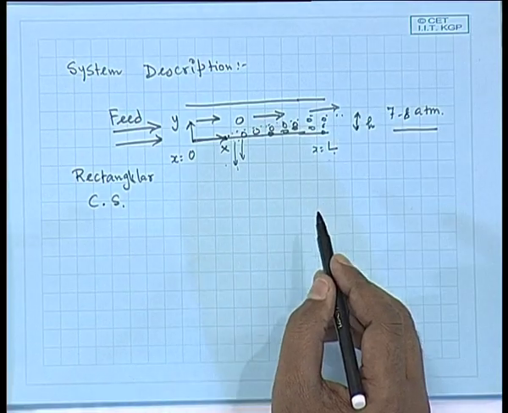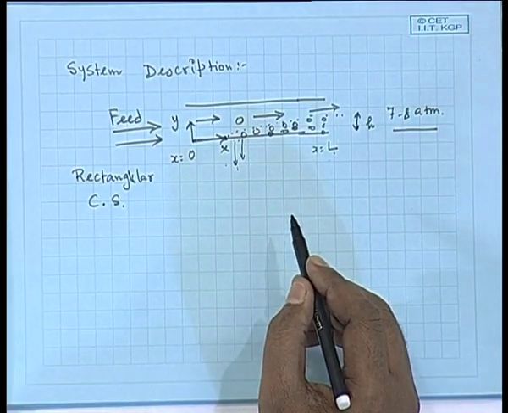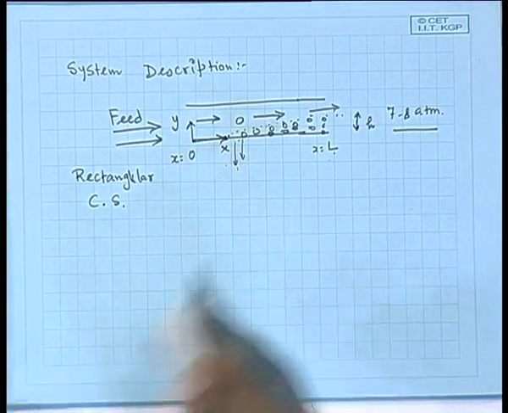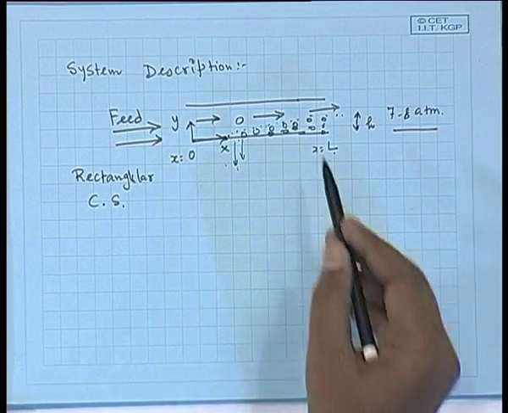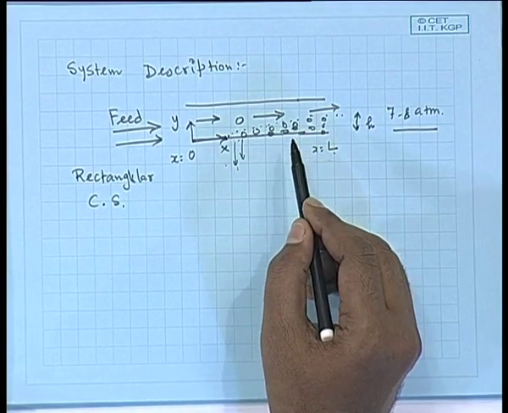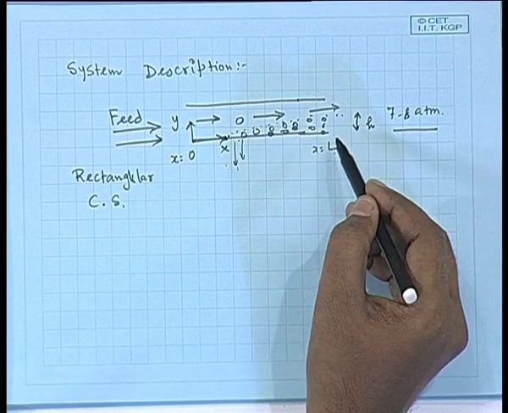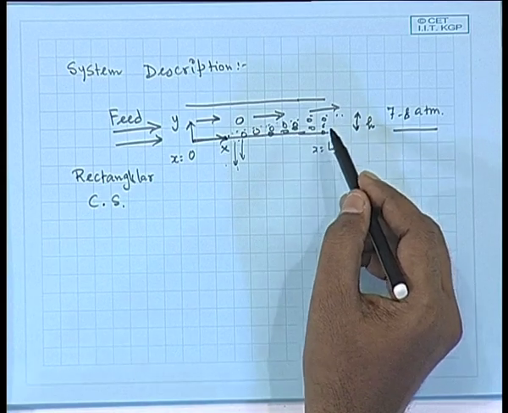So, there will be a shearing motion of the feed over the membrane surface. So, the growth of the concentration boundary layer will be limited. It cannot go on increasing unbounded. It will be bounded after a certain distance, and it will almost reach a plateau value.